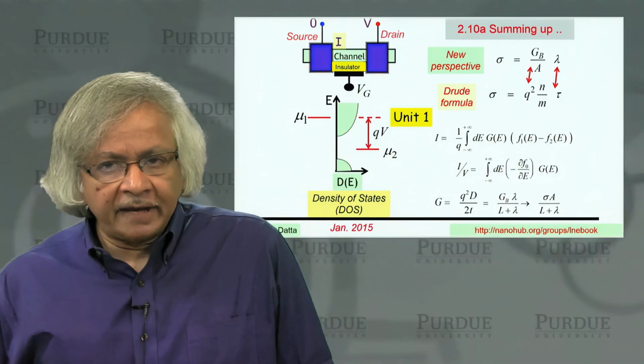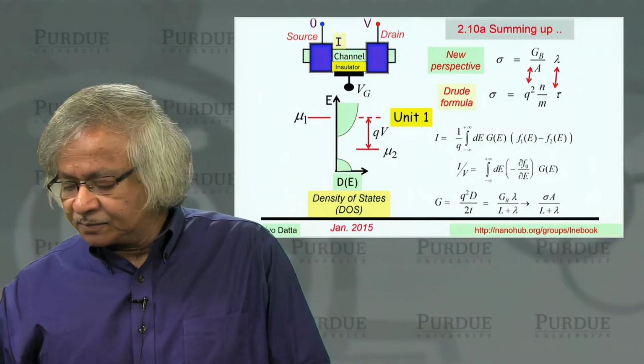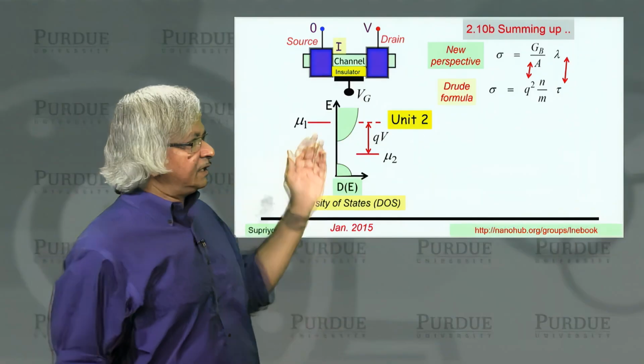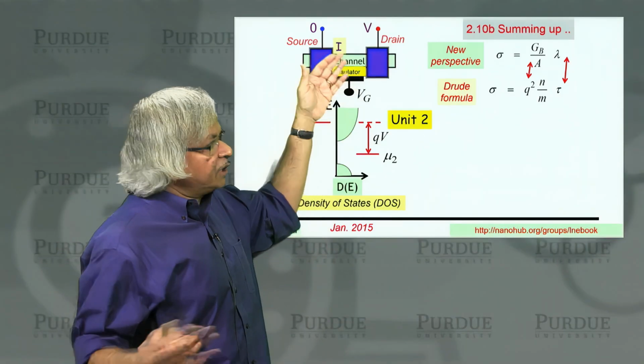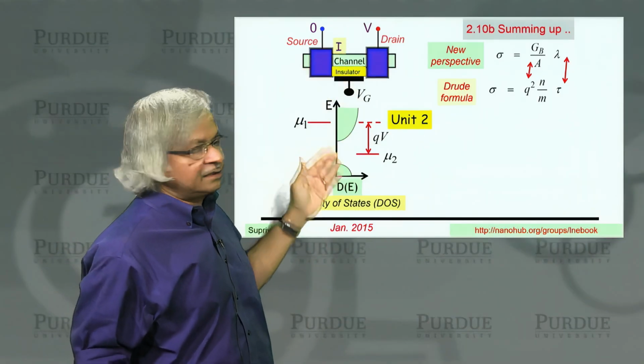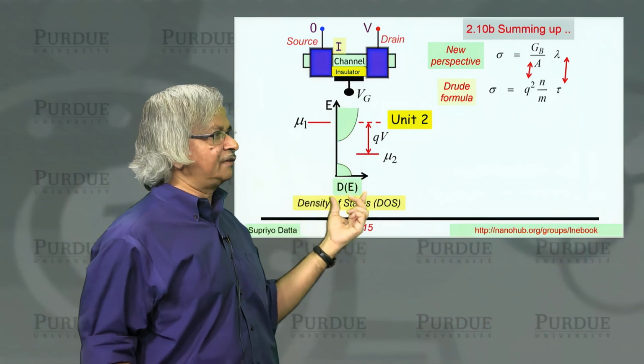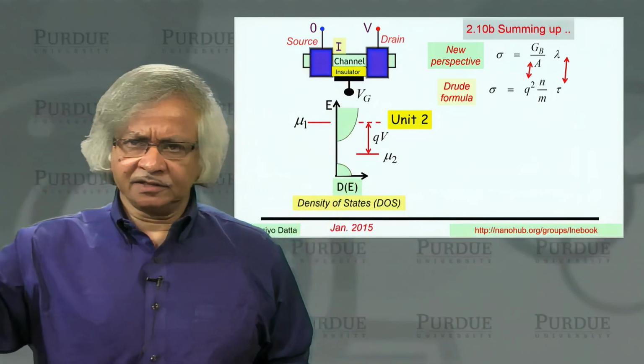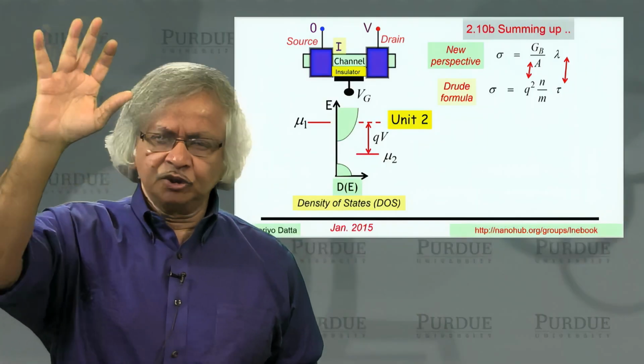And in order to do that, we had to introduce a specific model for these energy levels. That is, in Unit 1, we just discussed everything in terms of a general density of states. We said, well, let's say we know the density of states. Then what should be the conductance?